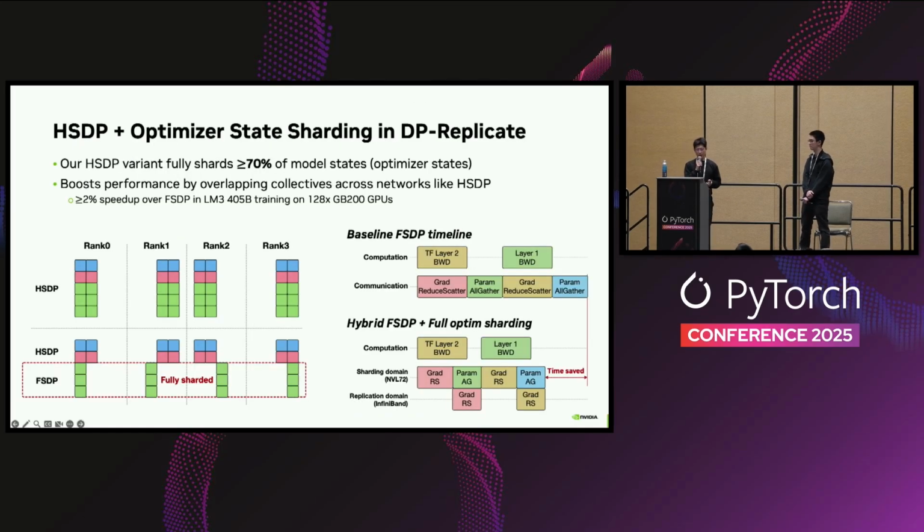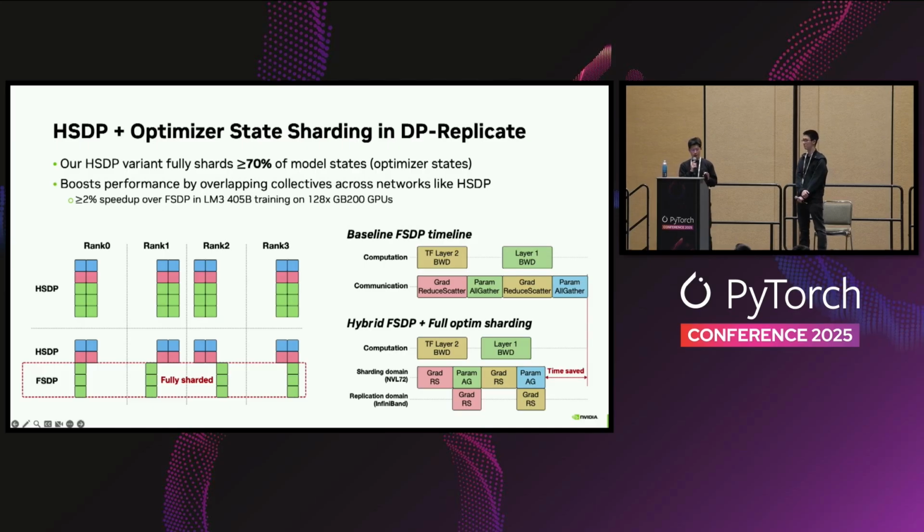So what we basically did was optimize the hybrid FSDP by doing full GPU sharding for the optimizer state. In the bottom left figure, the top one is what you just saw for hybrid FSDP, and the bottom figure shows what we did. For compute parameters and gradients, we do hybrid sharding, but the optimizer state, we do full sharding.